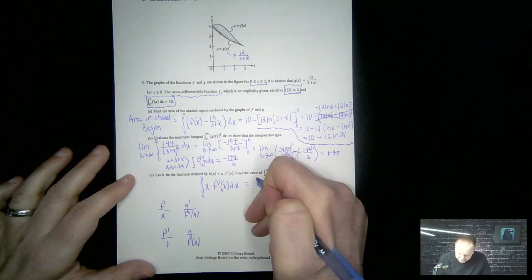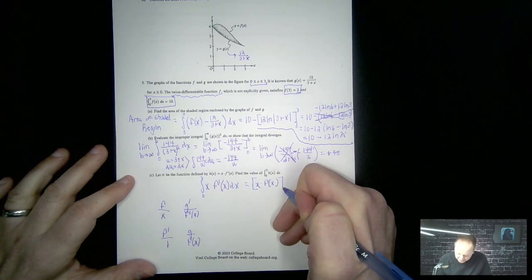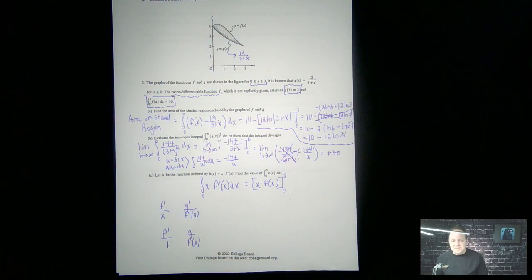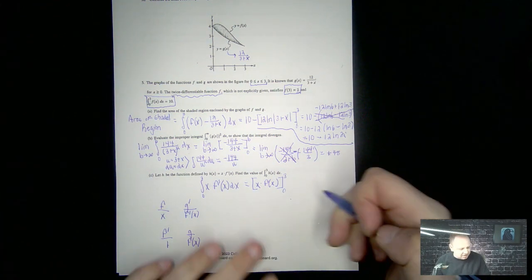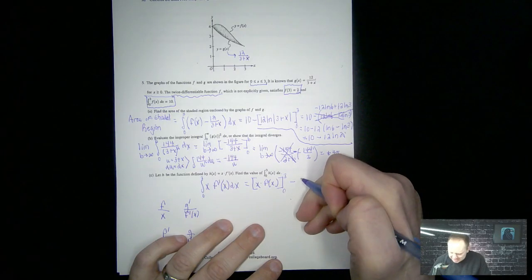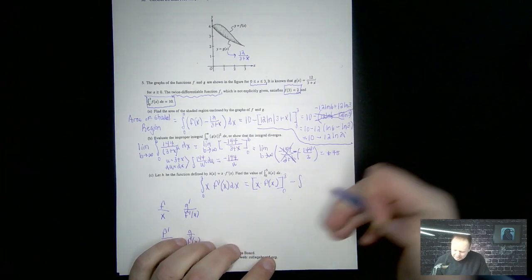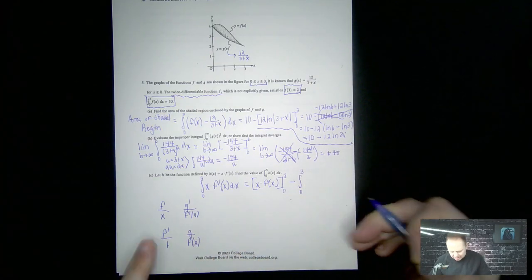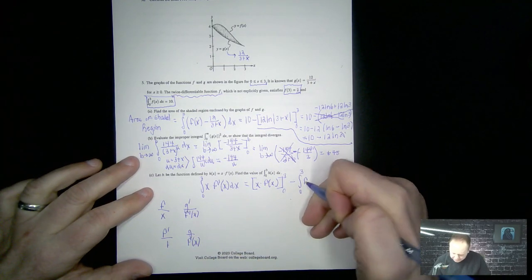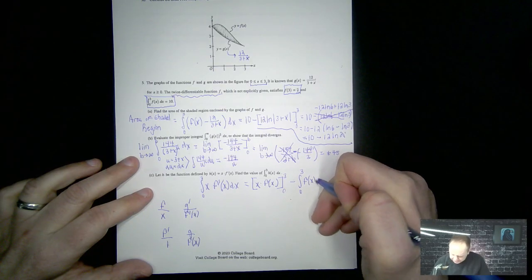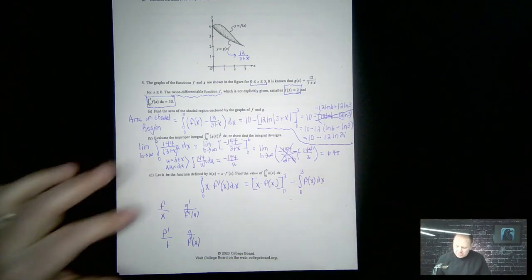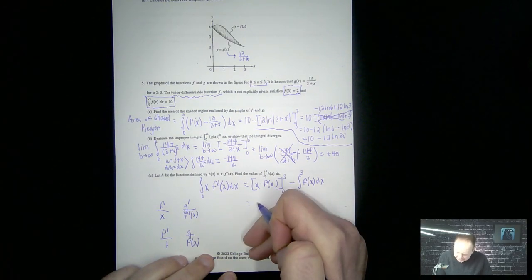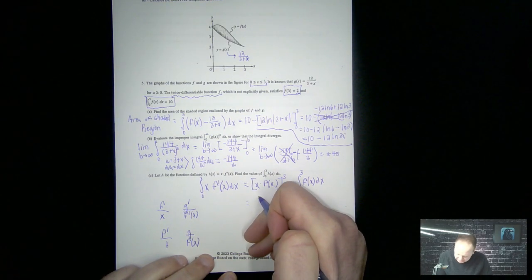Now remember, this is going to be the fundamental theorem of calculus. So I use my FTC, plugging in 3 minus plugging in 0. But I'm not ready to do that here because I needed to trade this. So that's minus the integral from 0 to 3 of f prime times g, which is f of x. Let's look at this carefully.